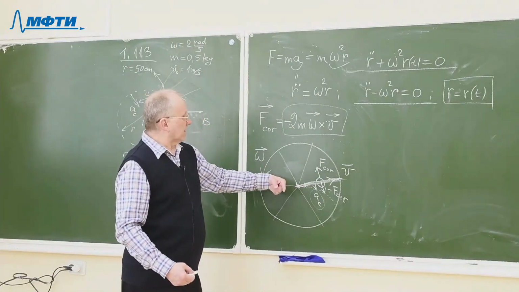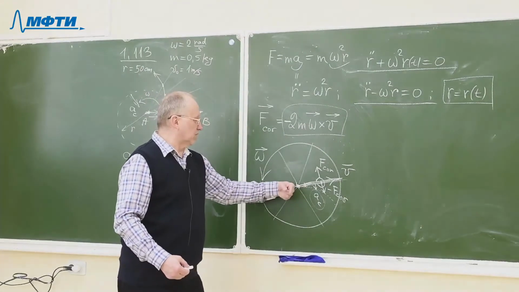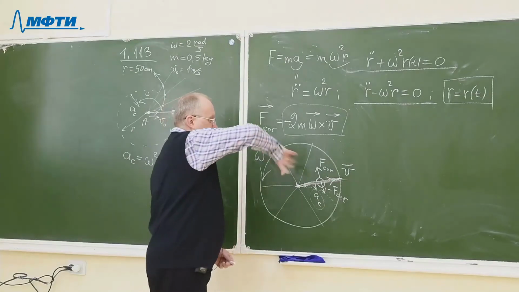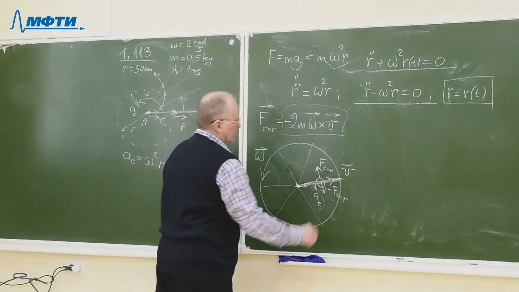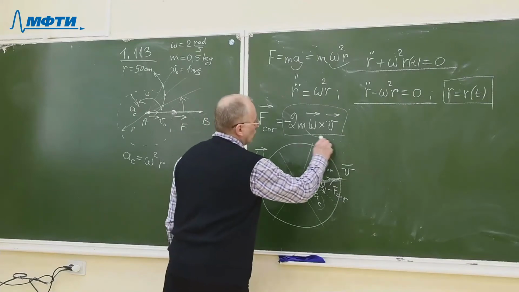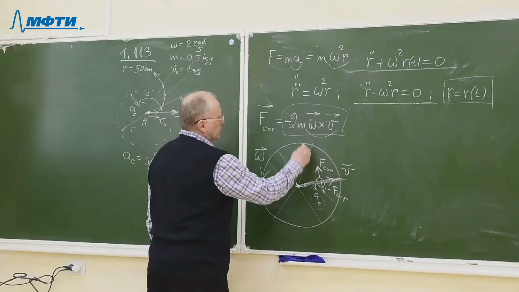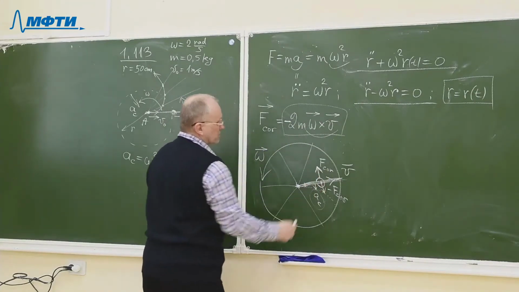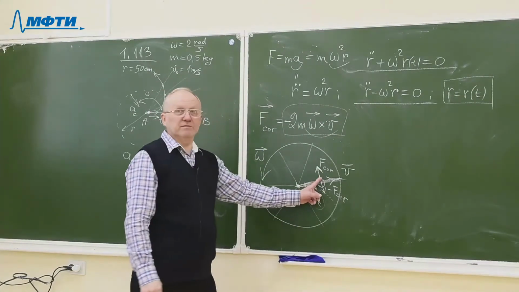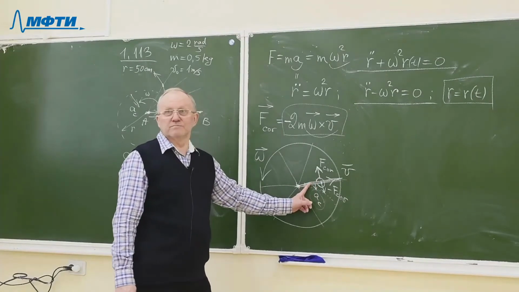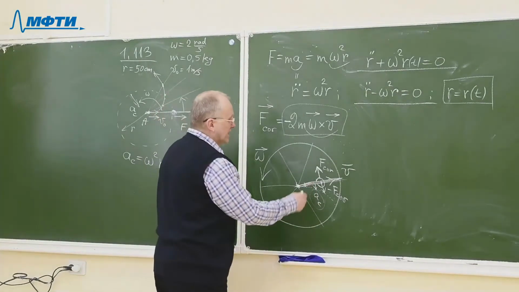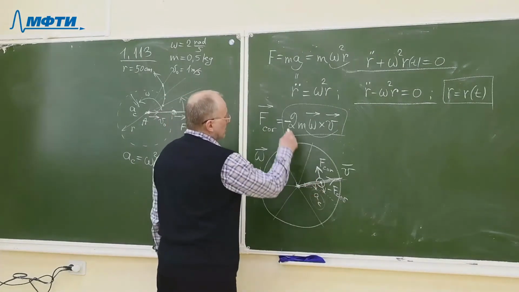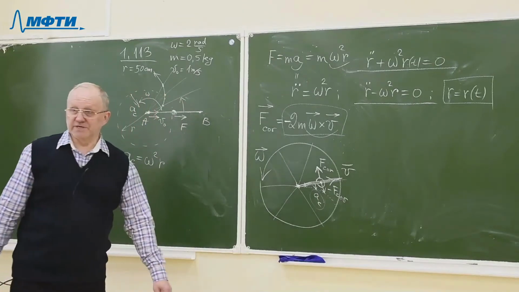Then the vector product of omega times v, you rotate this vector here, and you will find that the Coriolis force, the vector product omega times v, is directed here. So this formula without minus sign, this positive formula, will give you this Coriolis force, which must be applied to the ring from the rod. And if you are interested in a force applied to the rod from the ring, then you must take a minus sign. That's it.